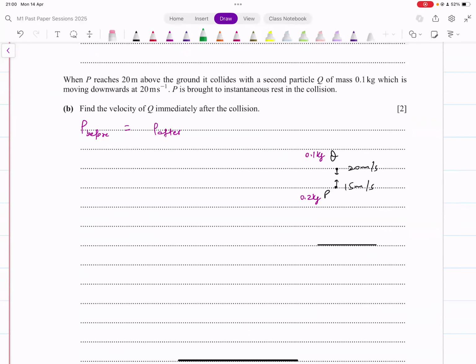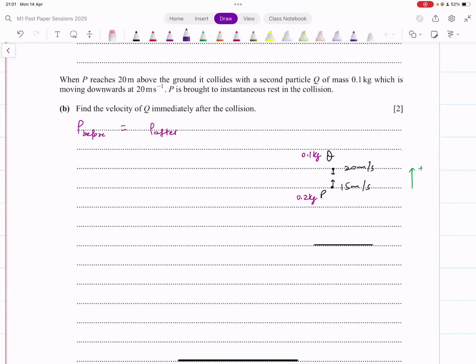We have to take one direction positive. We have a direction for both objects. If we take upwards positive, then what's the momentum before collision? For P, mass is 0.2, velocity is 15. For Q, mass is 0.1, and velocity is minus 20. That equals momentum after collision.